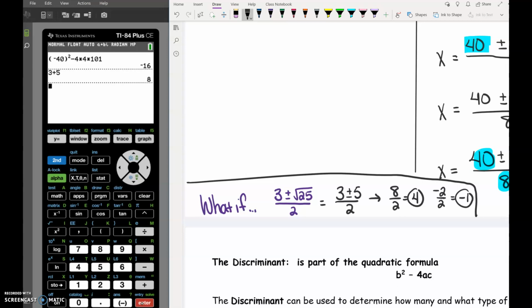On your online assignment, most of the problems are going to work out nicely to be whole numbers. I think the last 2 are the ones where you have to simplify and all of that jazz. It is an online assignment, so go in through Clever to Big Ideas Math, find that online assignment. It's 3.4 day 1.